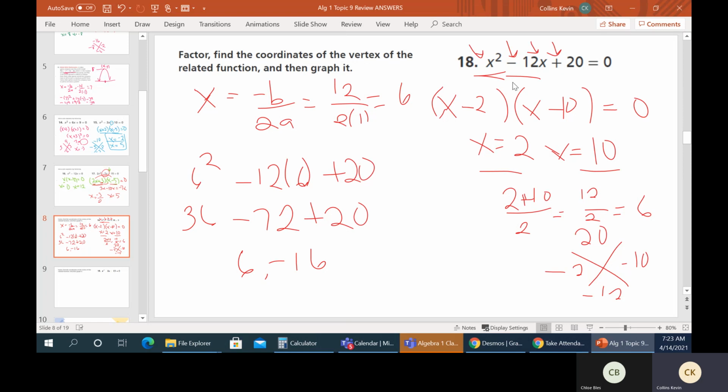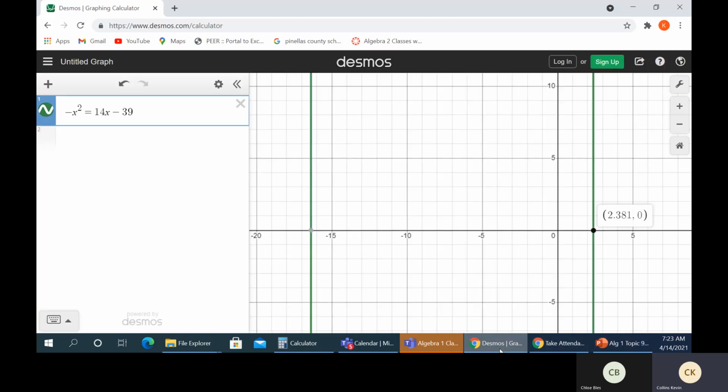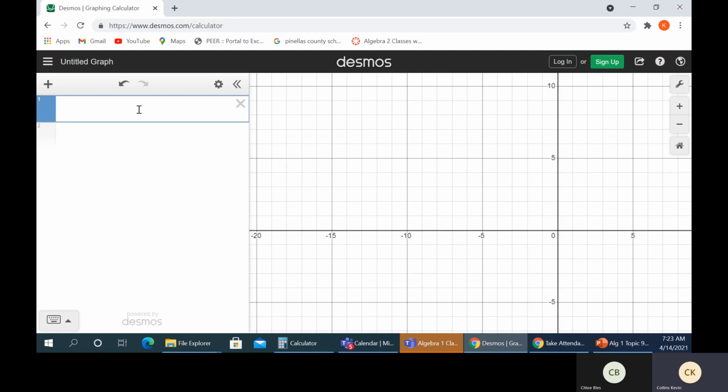Well, we're going to use Desmos as we normally do. So let's bring in our Desmos here. You could use the other format too.